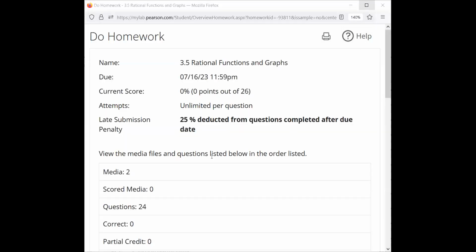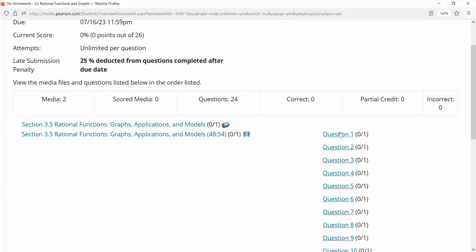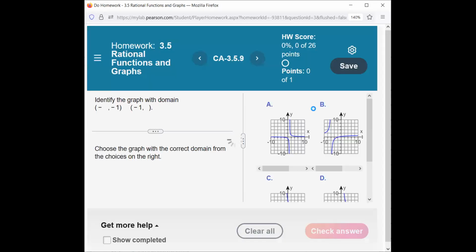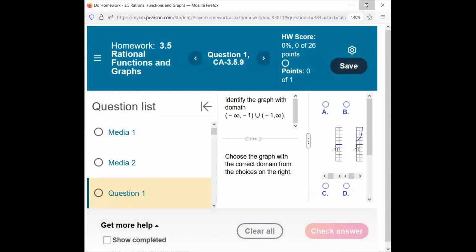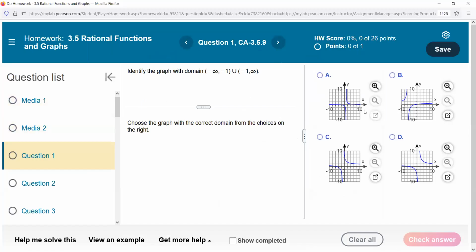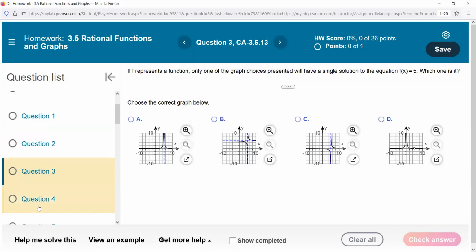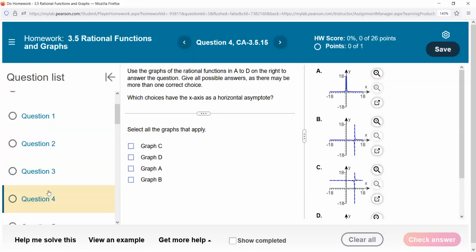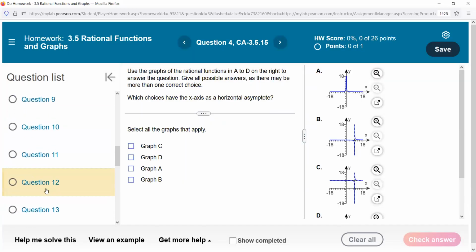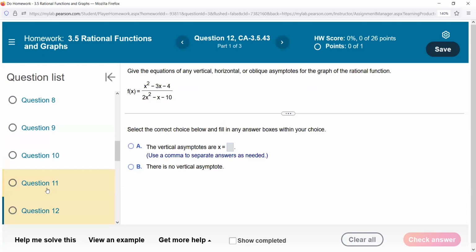Okay, so let's look at that. In the first one, you just need to identify the domain, but I was looking for one with a graph, where you're doing the transformations.